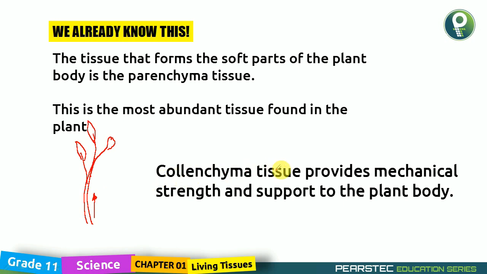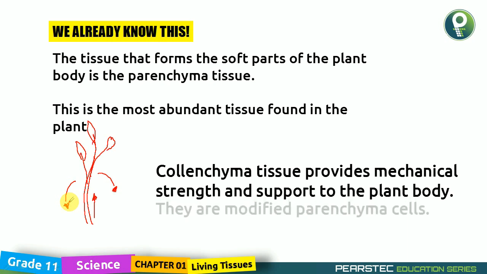So collenchyma tissue provides mechanical strength. That is the reason the plant is not falling down in this direction or in that direction. Therefore, collenchyma tissue gives strength and support to the plant body.